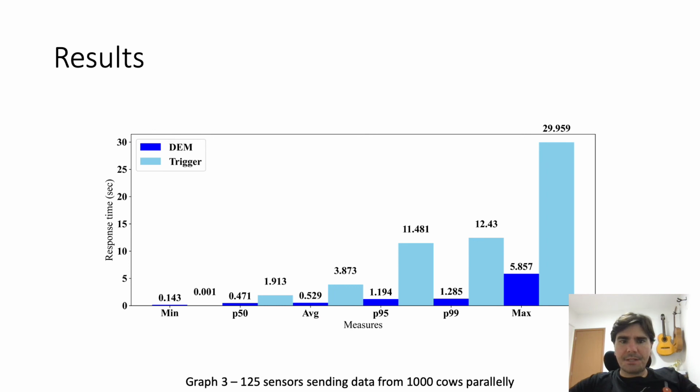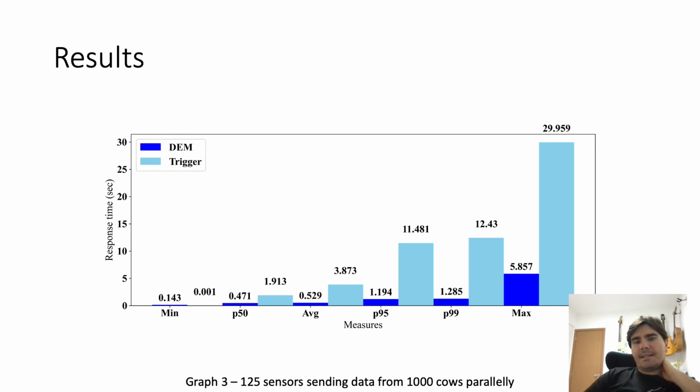To finish here, P99 of the data extraction magnet is 1.285 seconds, whereas the same measure of the trigger technique is 12.43 seconds.